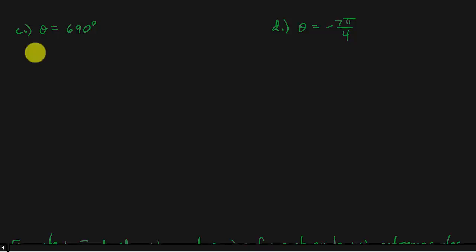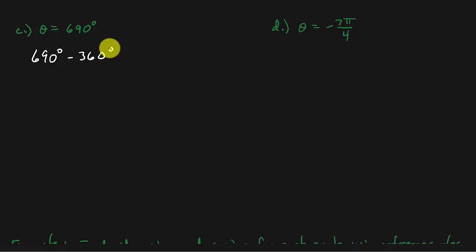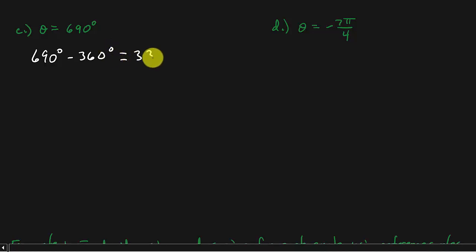So if I do 690 minus 360, because remember, coterminal angles, say 690 minus 360 is 330. Remember, coterminal angles have the same terminal side.